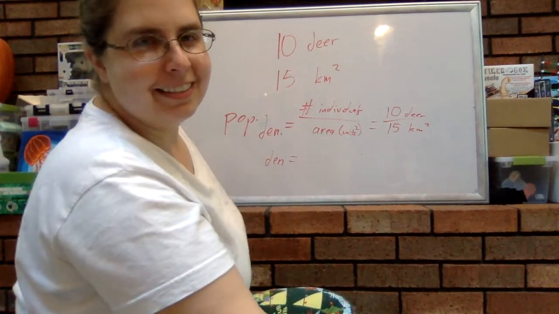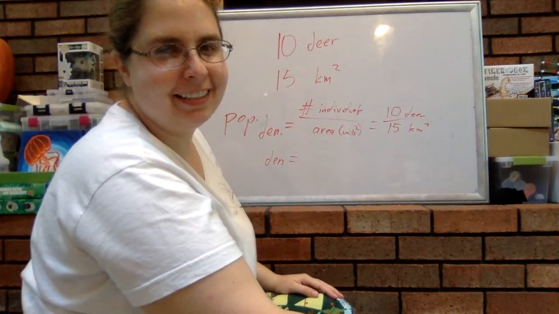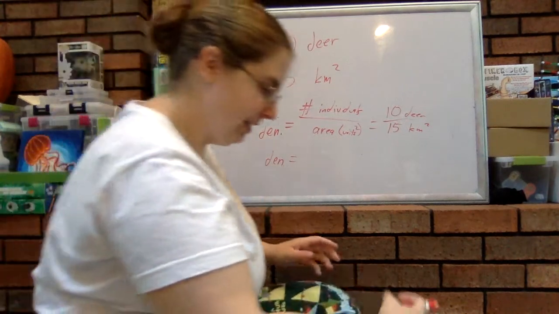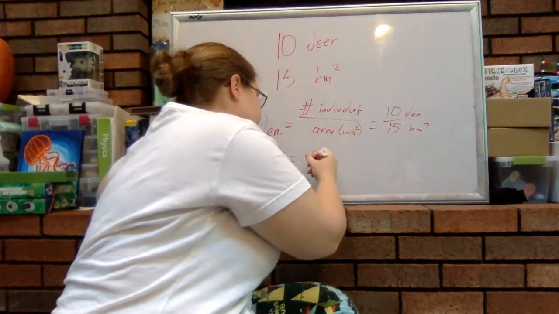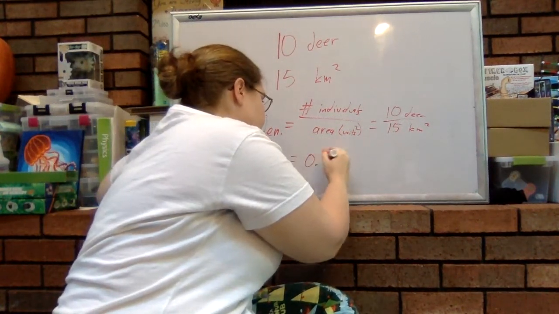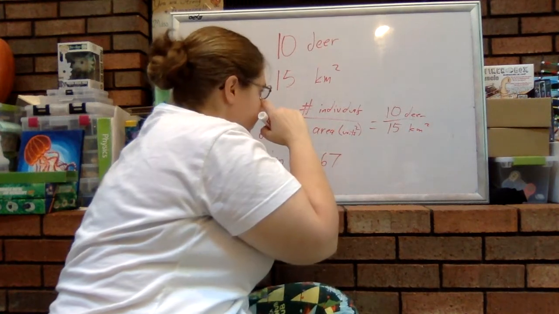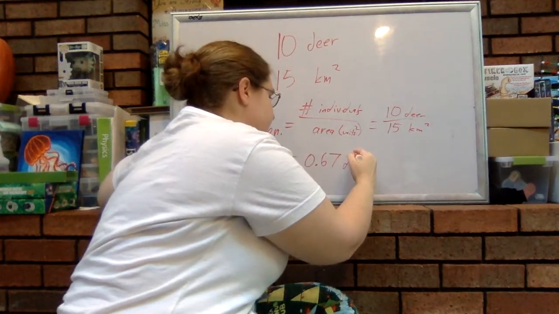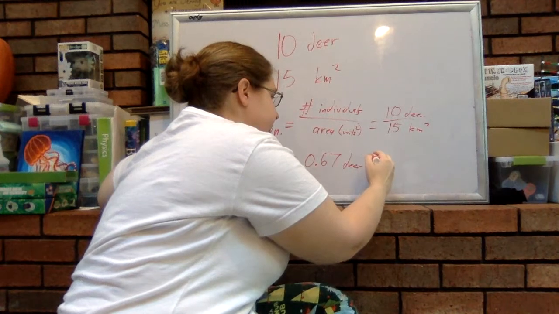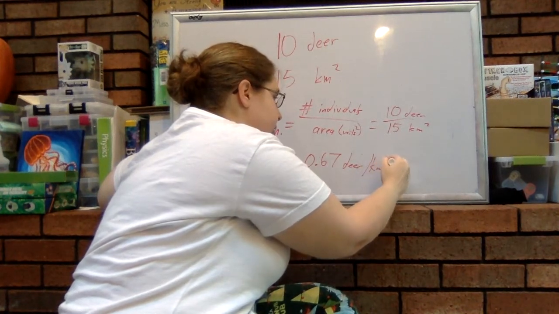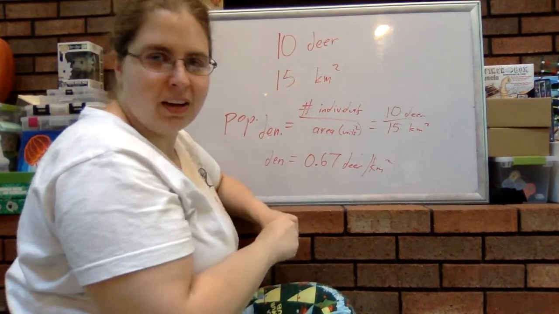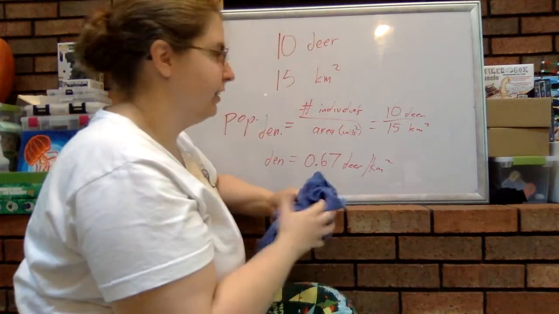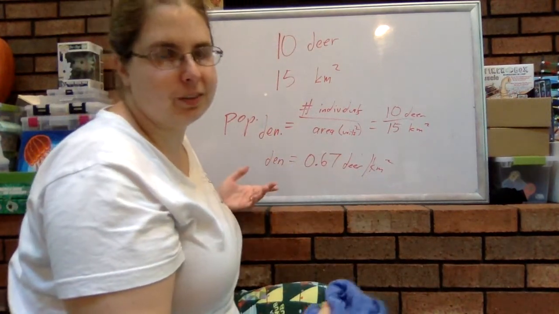So it would actually be 0.67 deer per kilometer squared. Alright, let's do a simpler one. It is first thing in the morning, so I apologize.